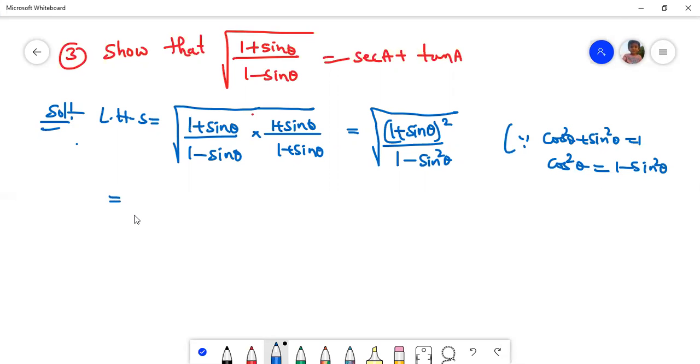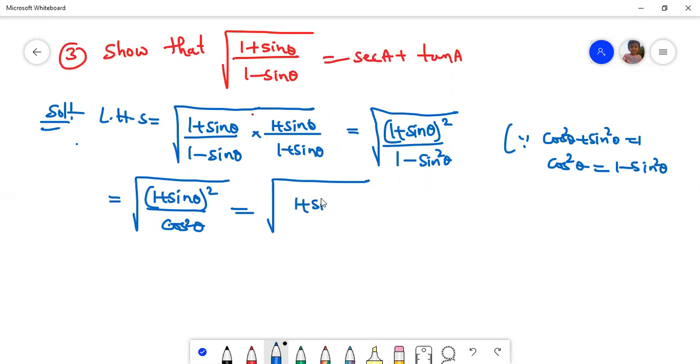So here we can write square root of (1 plus sin theta) whole square, denominator cos square theta. It is equal to under root of (1 plus sin theta upon cos theta) whole square. Square root cancels, giving 1 plus sin theta by cos theta.